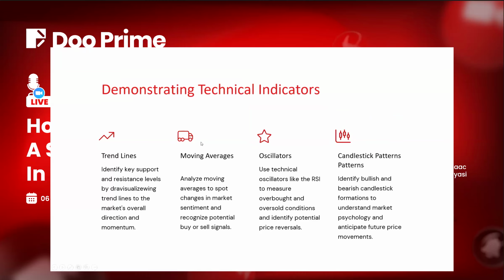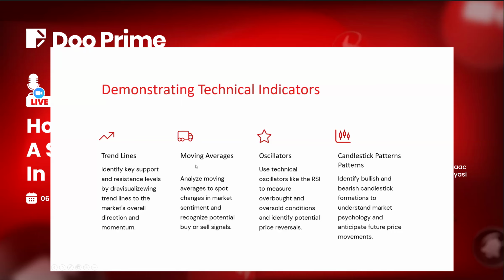All right. So trend lines, moving averages, oscillators, candlestick patterns, we use all of these things to make a trading decision. Like I've shown you oscillators.